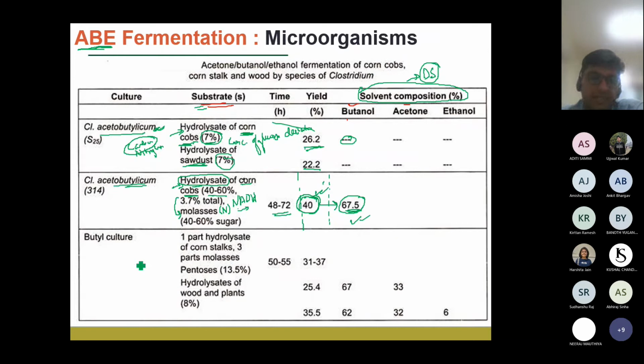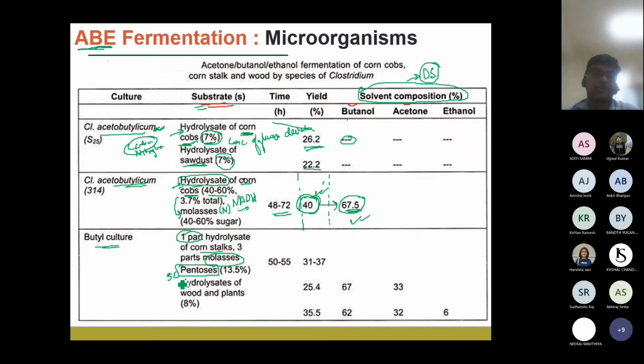Then there is another culture which is called a butyl culture. As the name suggests, it is meant for the production of butanol. If you see the fermentation substrate, we have one part of the hydrolysates of the corn stalks, three parts of the molasses, and here we have the pentose, which is very important. Pentose is nothing but a 5-carbon ring structure. Why is it so important?